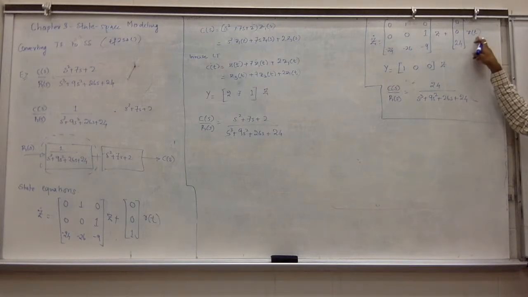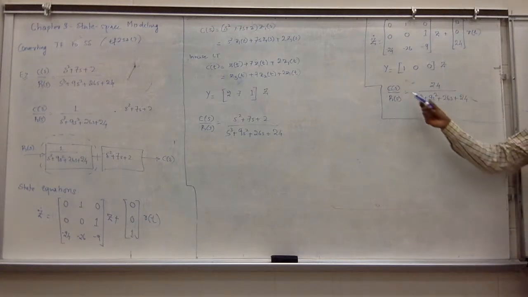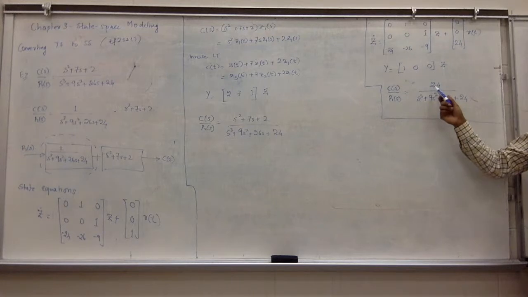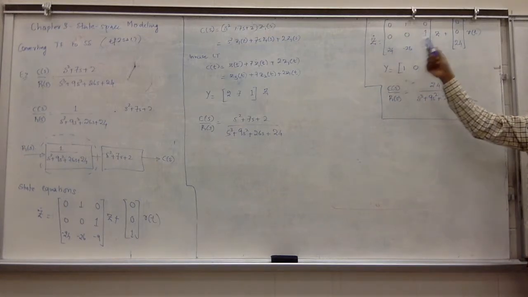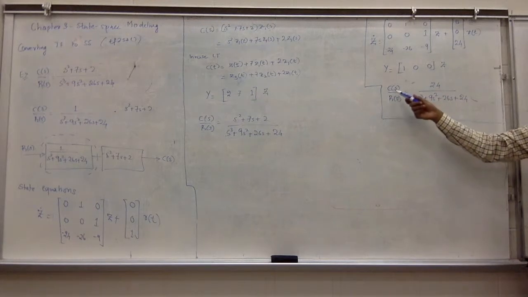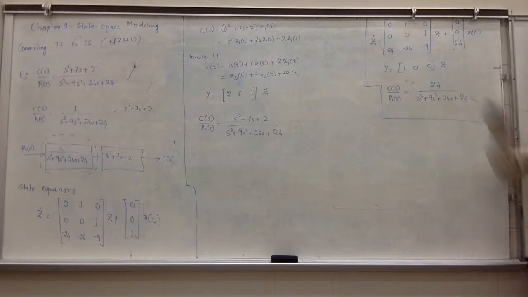U is R of S. B is the matrix associated with the input. If you cross multiply, you'll see that C of S is this, Z3 double dot or C triple dot is associated with this input. So that's the reason this 24 ends up here.